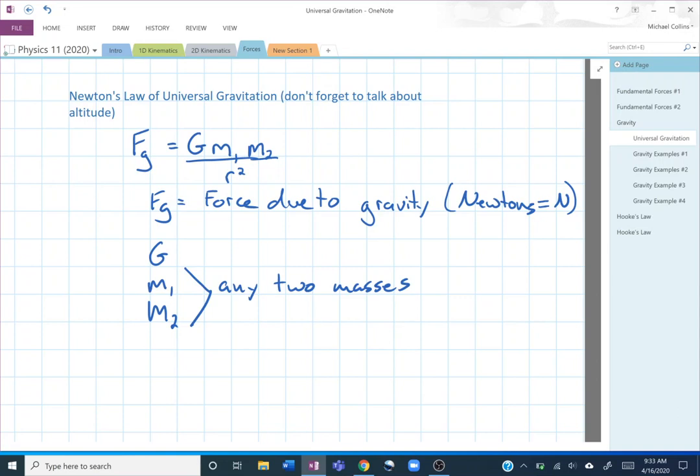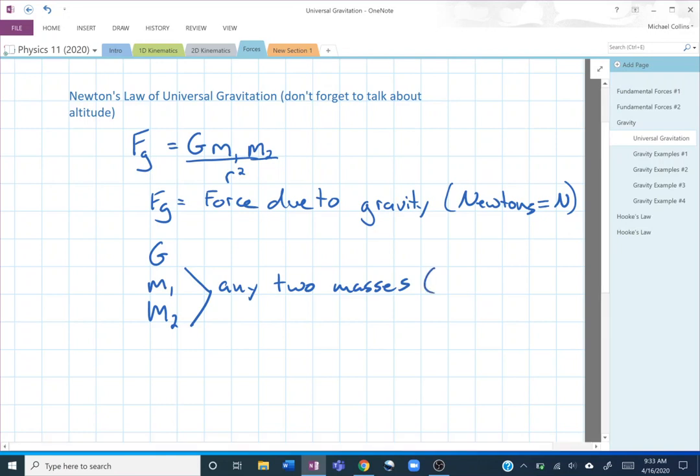It could be Mars and the Sun, because all of those things we think about regularly with gravity. It could also be a person being attracted to the Earth, which would also be a force due to gravity. And since two people have masses, there would also be a gravitational force of attraction between two people. So any two masses will have a gravitational force of attraction between the two.